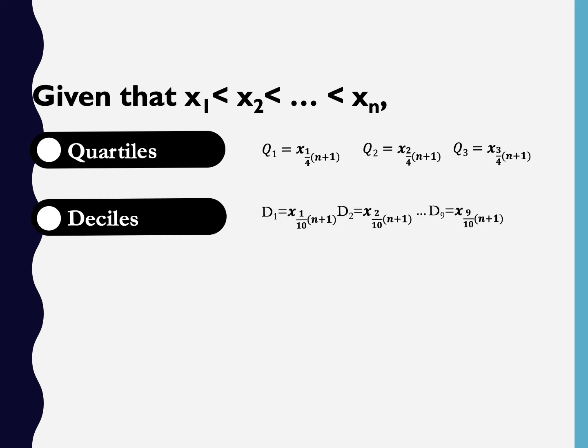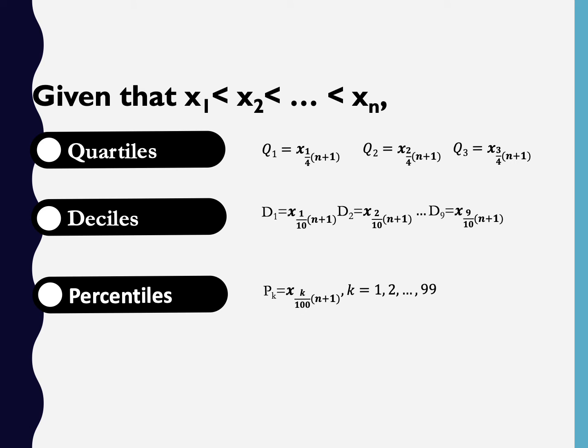Similarly with the decile, the formula would be the same except for the numerators, which range from 1 to 9, depending on which decile you're going to locate. And for the percentile, again, the numerator varies, from 1 to 99.